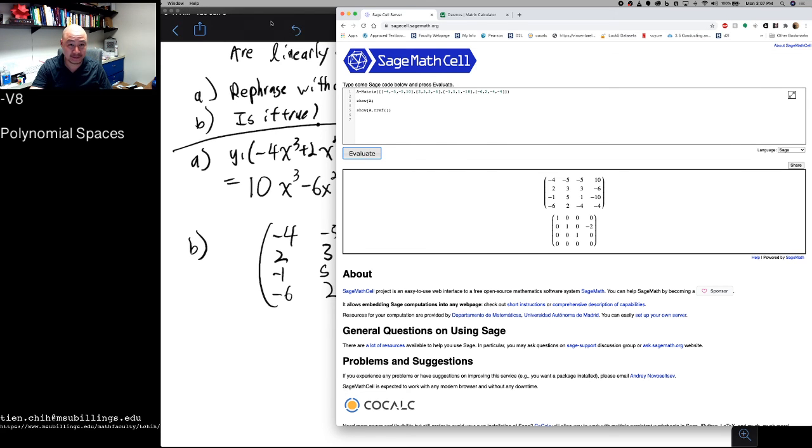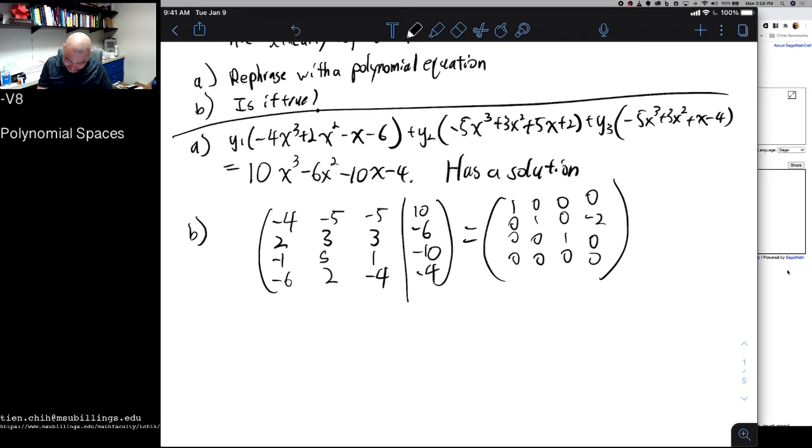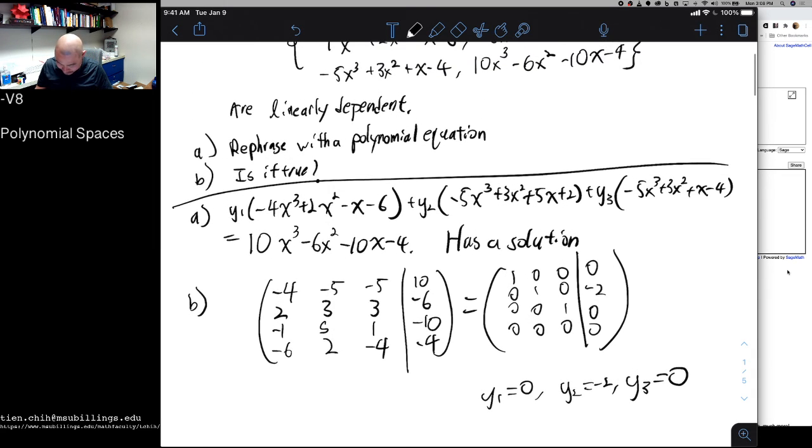Let me go back to the screen here. What we should observe, looking at this as a system of equations, is that this has a solution: y1 equals 0, y2 equals negative 2, y3 equals 0. Right, if I put my augmentation there.